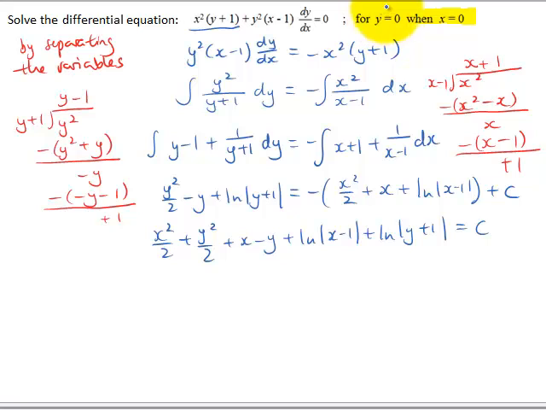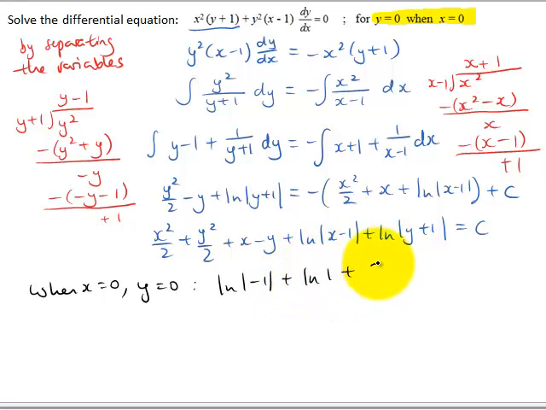Now, I'm supposed to find the particular solution given that when x equals 0, y equals 0. So let's substitute all these values. X is 0, y is 0, x is 0, y is 0. So with x is 0, I have ln of absolute negative 1, and with y is 0, I have ln of 1, plus c.